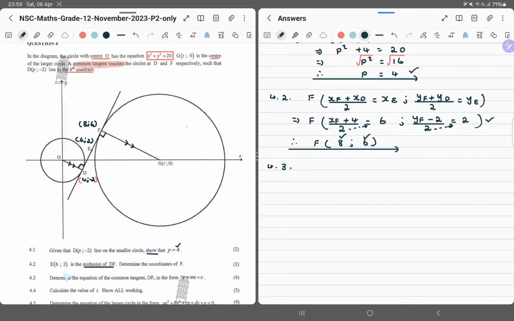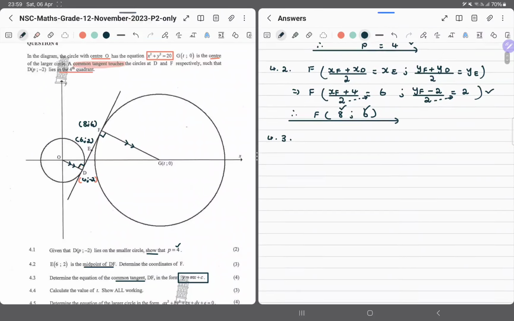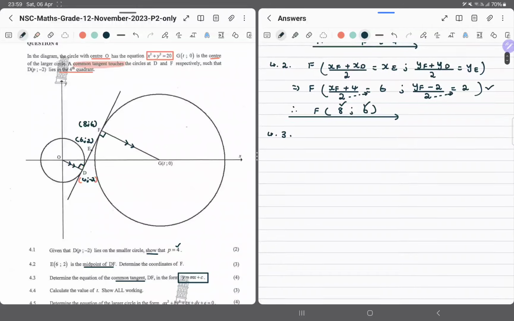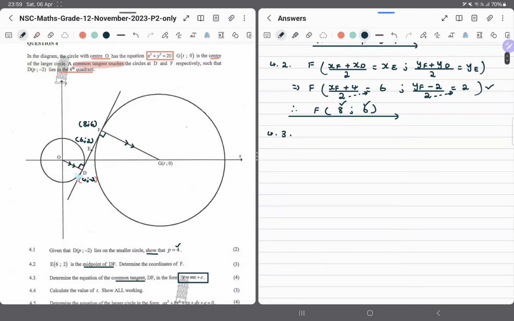Now let's do 4.3. It says determine the equation of the common tangent DF in the standard linear format. Okay. This is easy. We can use the property of the tangent and the radius. So we know that the gradient of DF, our tangent, multiplied by the gradient of OD, the radius of the smaller circle, should give us -1.